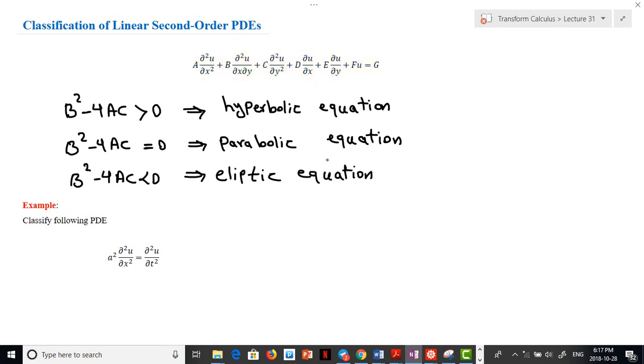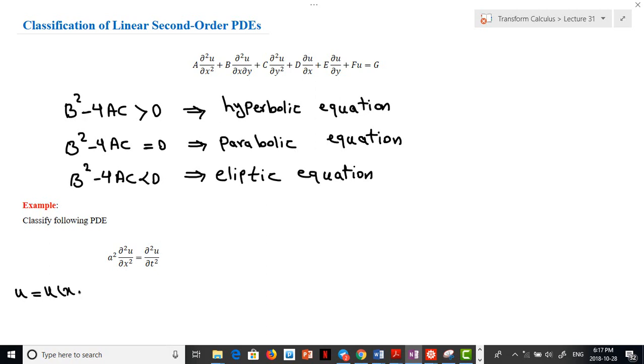For example, we want to classify the following partial differential equation. We have a squared, which is a constant, times the second derivative of u with respect to x, equal to the second derivative of u with respect to t. We want to see if this equation is hyperbolic, parabolic, or elliptic. At first I have to write it in the standard form. Just keep in mind that here our function u is a function of x and t.